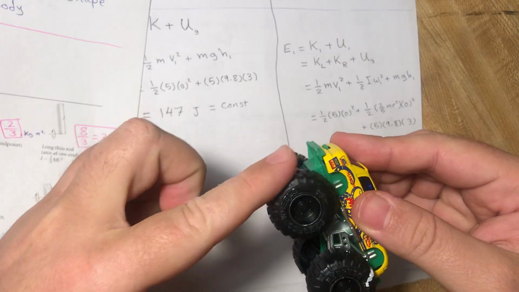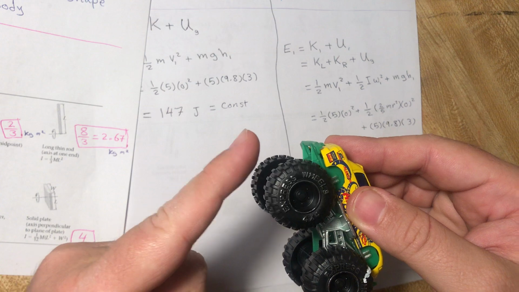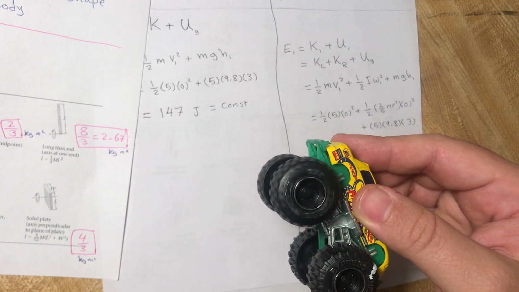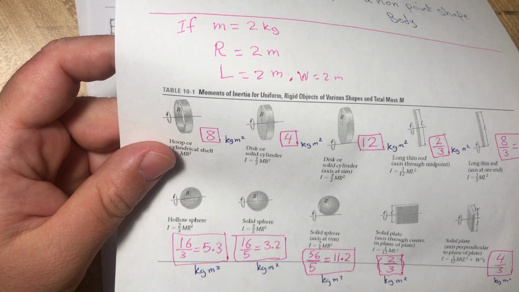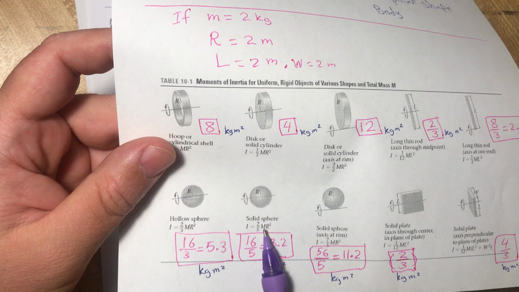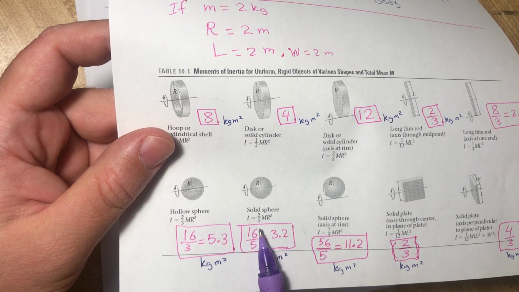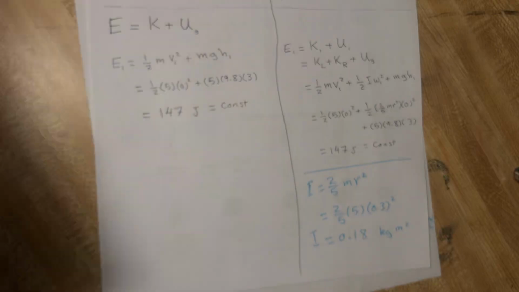This rotation is around an axis in the center of the rotated body. So we need to use the rotation around the axis for a solid sphere, which is 2/5 mr squared. Okay?